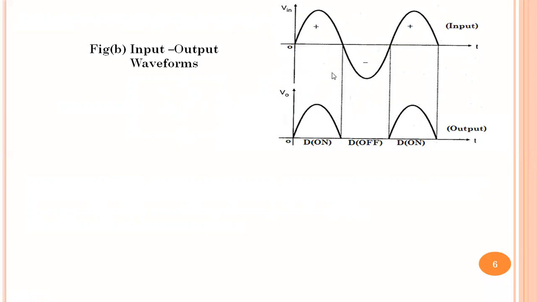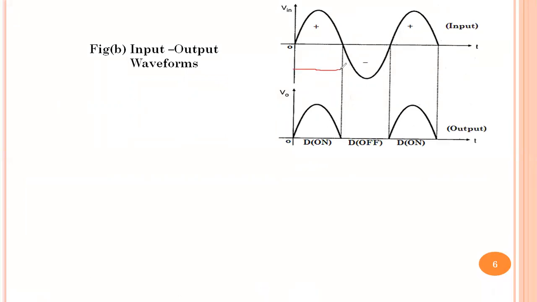During the positive half cycle, what happens here? What we have discussed: the voltage between S1 and S2 is positive, and the diode is in the on state. The diode can easily conduct current during the positive half cycle.